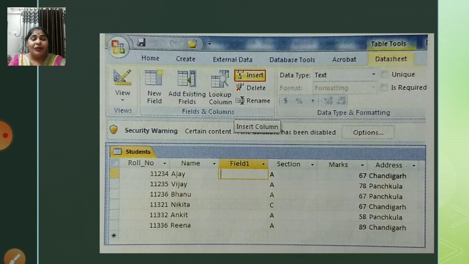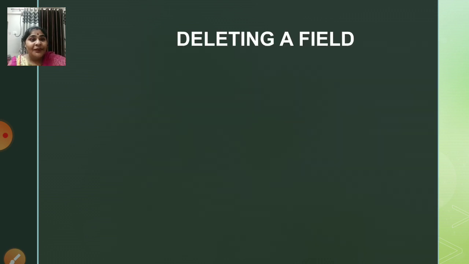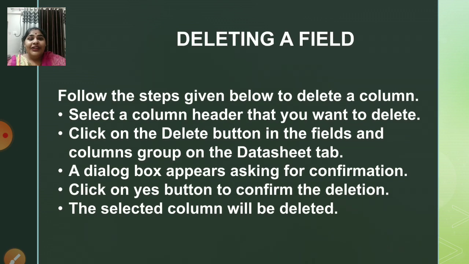So let me go back. Can you see the same data sheet tab? In the same group, fields and columns, there is the insert button here. Below that there is a delete button, children. So you have to delete it. So click on the delete button in the fields and columns group on the data sheet tab.